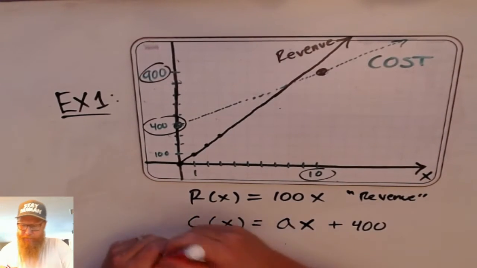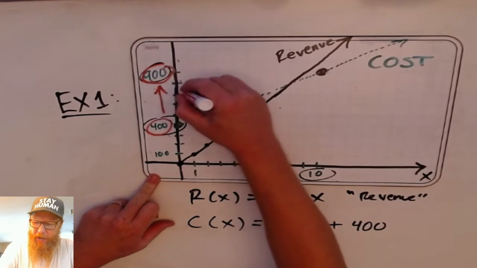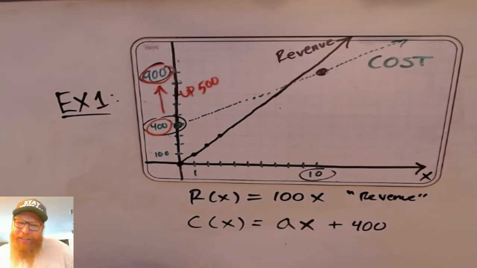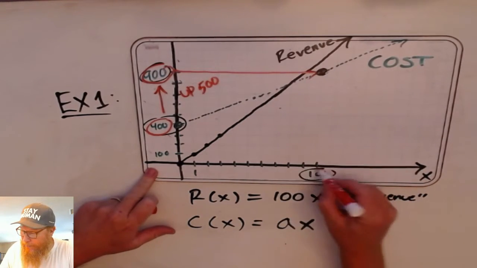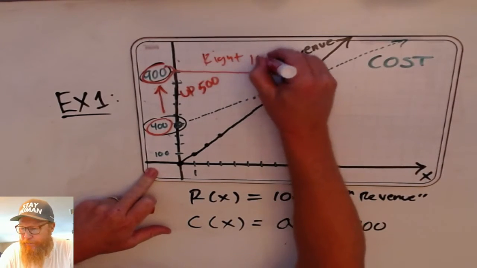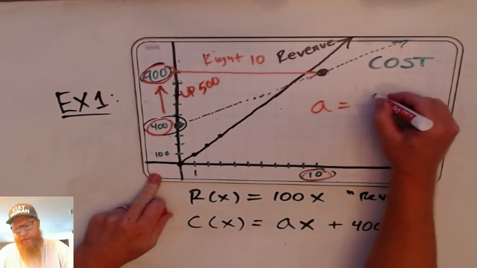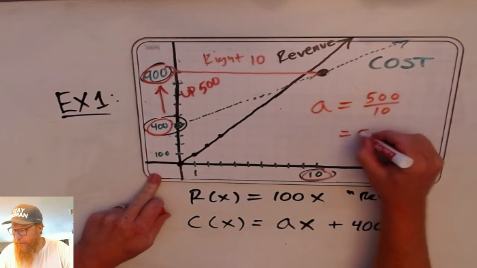Look, 900 to 400, so it's going up $500. Yeah, we already kind of mentally figured that one out a long time ago, right? Probably as soon as you read the problem. It's increasing $500. And it's going over 10 bikes, or bikes, skateboards, whatever. Right, 10. So the slope, 500 over 10, 50.